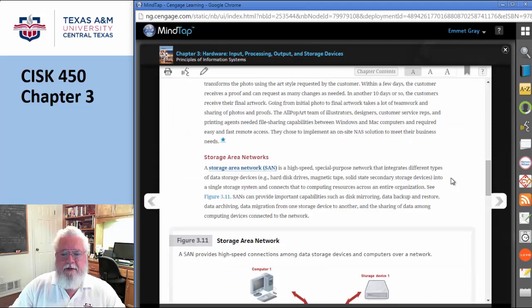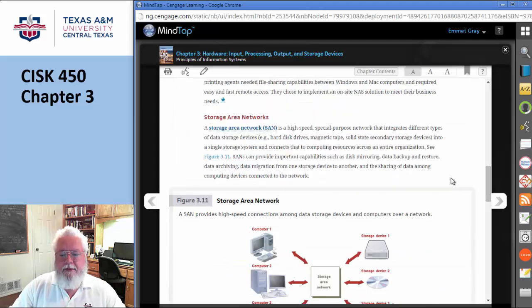The other technique is called a storage area network. Now, the storage area network is the same three letters, NAS, SAN. So SAN and NAS. It's just the same thing, just spun around, okay? Storage area network is a little different.